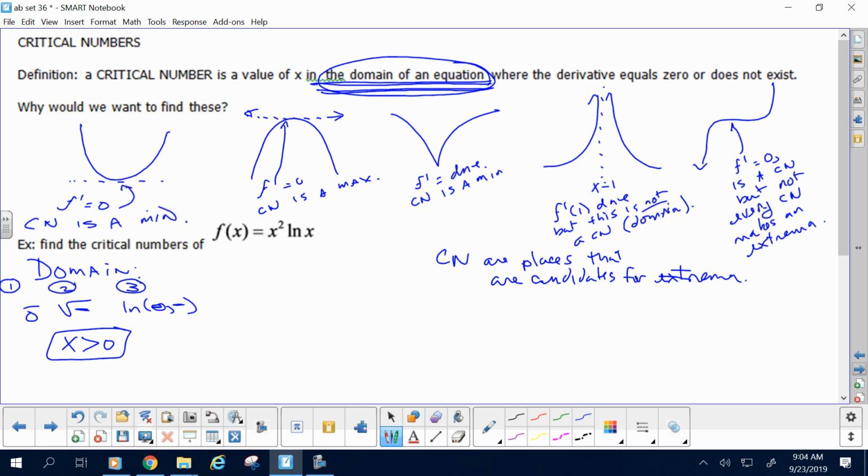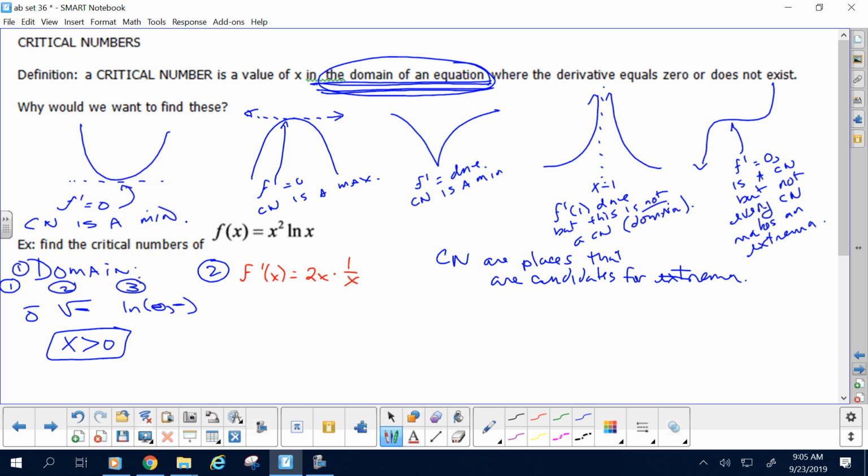All right, now let's find the critical numbers. I can't find where the derivative doesn't exist or is 0 if I don't have the derivative. So, would you find the derivative, please? Now, if you said the derivative is that, shame on you, because that is atrocious.